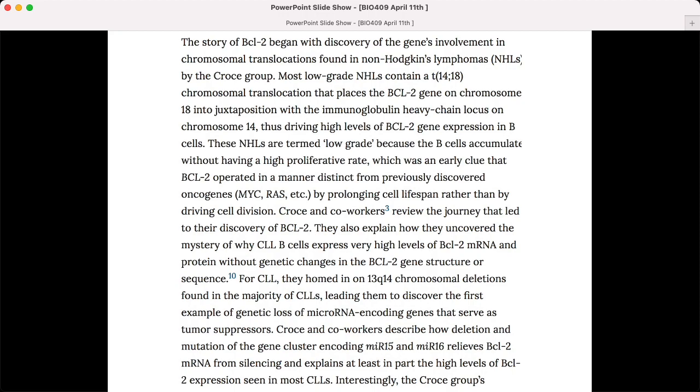It's not causing the cells to go out of control, but people don't want to call it a tumor suppressor because it's a different kind of role. So we have those terms: oncogenes like RAS that are in normal control pathways and if mutated could lead to out of control growth. Then we have tumor suppressors like retinoblastoma that's always putting on the brakes. And then there are examples like this where it seems like a tumor suppressor, but I wouldn't call it a tumor suppressor.